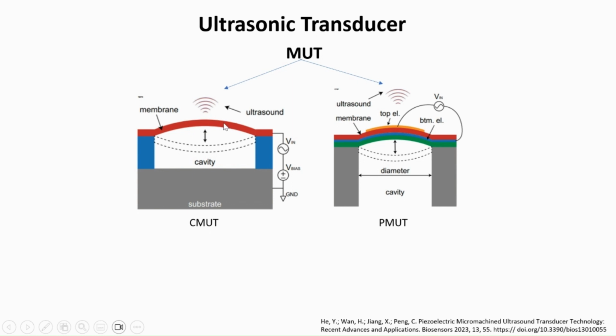In the CMUT, you have a substrate and a top membrane structure, with a top electrode. It can be a metal piece or whatever else. So you're first applying a DC bias between the substrate and the top electrode.